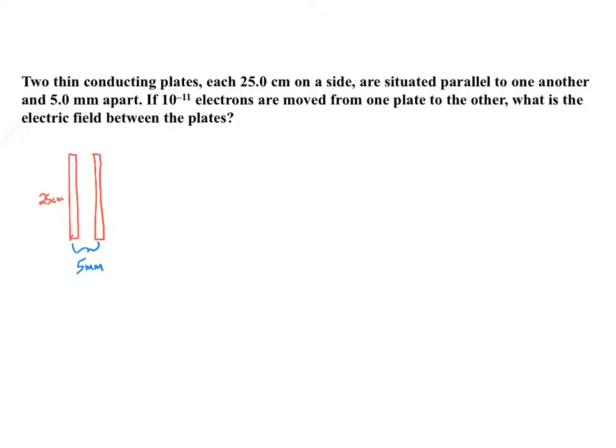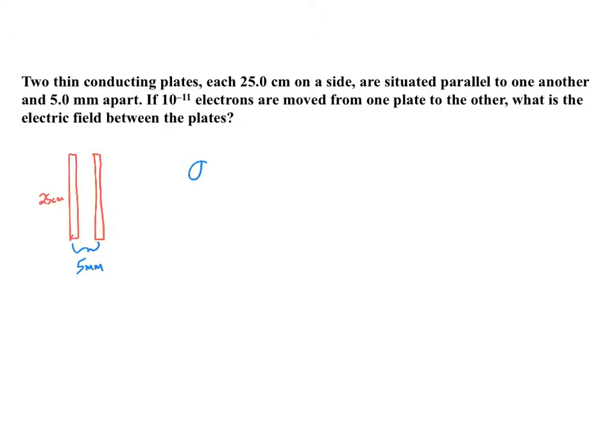So two thin plates, 25 centimeters aside, 5 millimeters apart. If 10 to the 11th electrons are moved from one plate to another, what are we dealing with? So the area charge density, we're dealing with an area. This is like the single thin plate we had in a previous problem, all right?